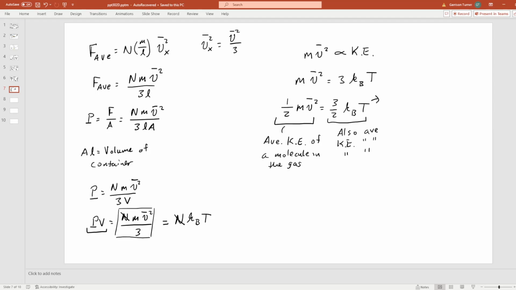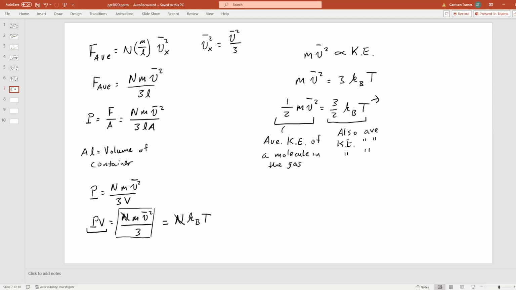So this equation puts temperature on sort of a firmer physical footing, right? Initially, we said temperature is something that you measure with a thermometer. That's not very enlightening. What are you measuring with that thermometer?